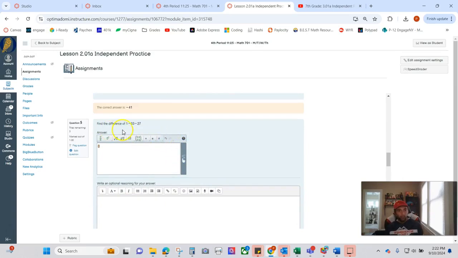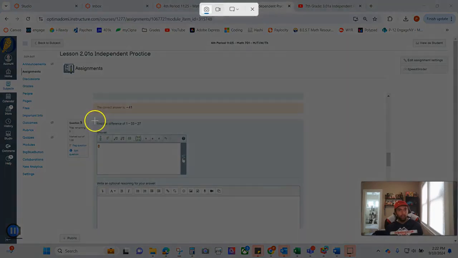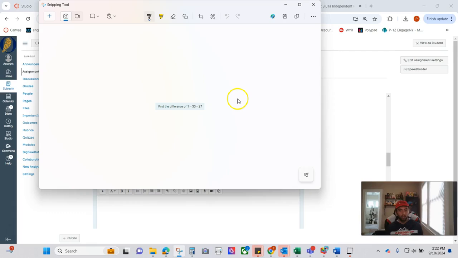Find the difference of 1 minus 33 and minus 27. So this answer is, do you think we'll end with a positive or a negative? What do you think? So we're starting with 1.